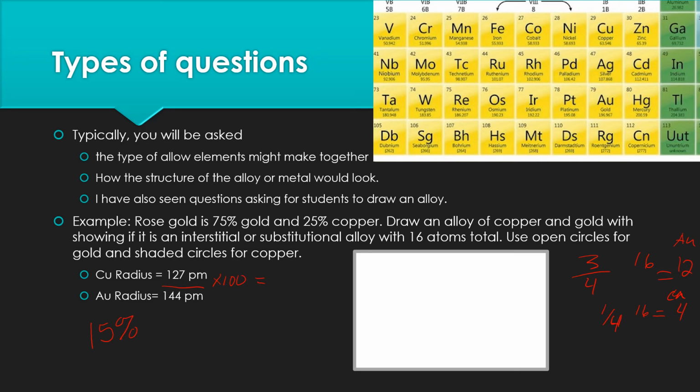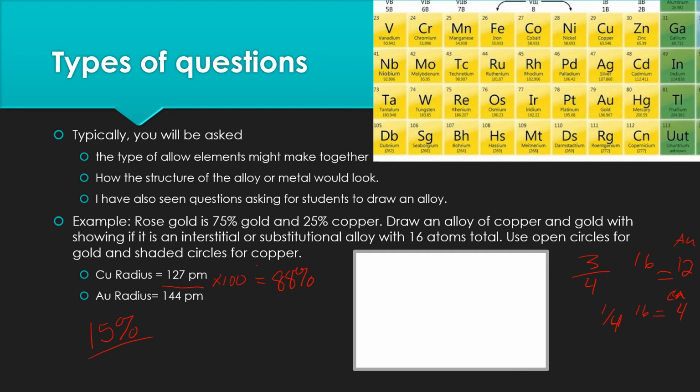So 127 out of 144 gives us about 88%. So they're similar, about 88% of the size, and that's within 15%. So we can go all the way down to 85%, and they can still be substitutional.